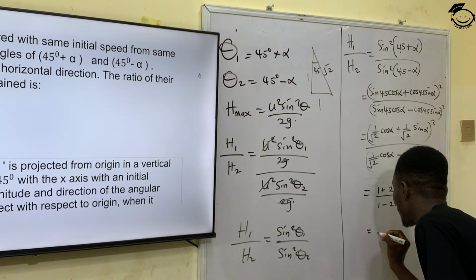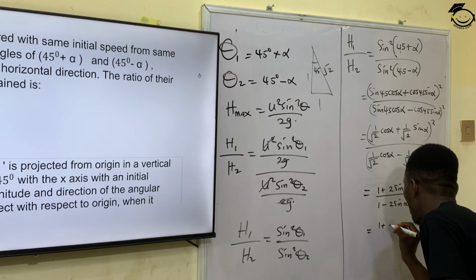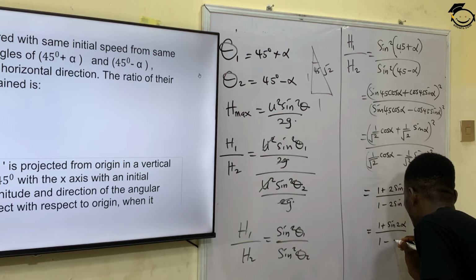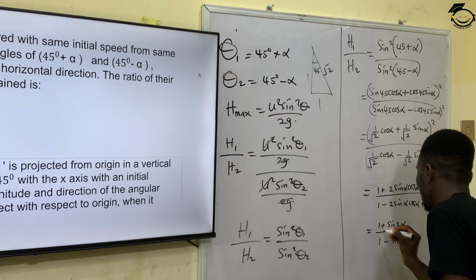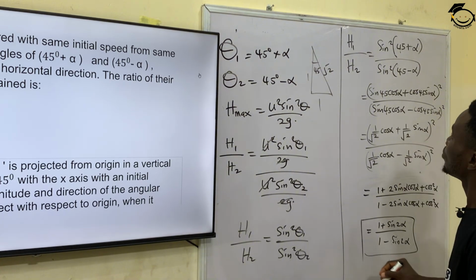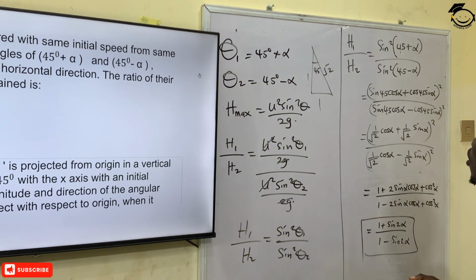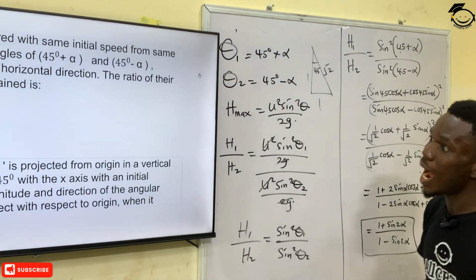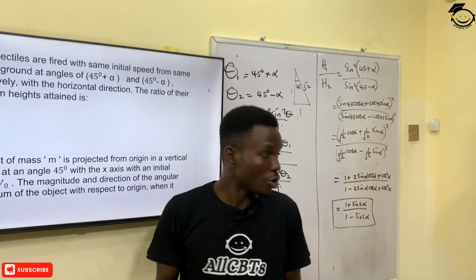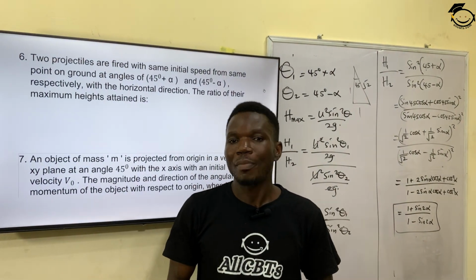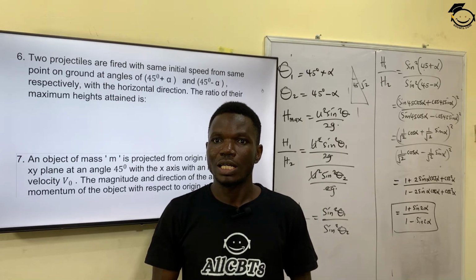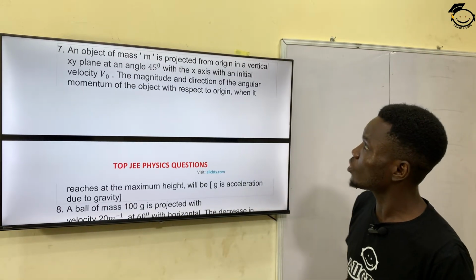If you simplify this further, you are going to get 1 plus sine 2 alpha over 1 minus sine 2 alpha. So at the end of the day, the ratio of your maximum height, h1 to h2, is 1 plus sine 2 alpha over 1 minus sine 2 alpha, which is the final answer.